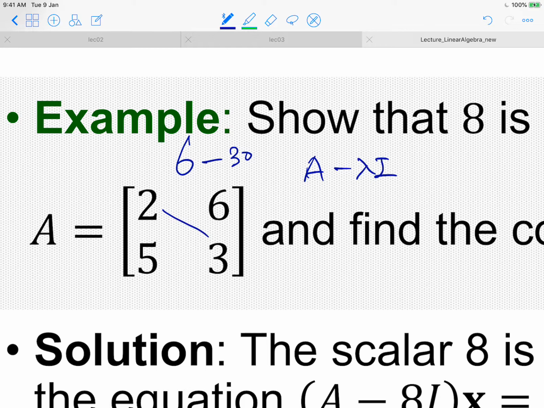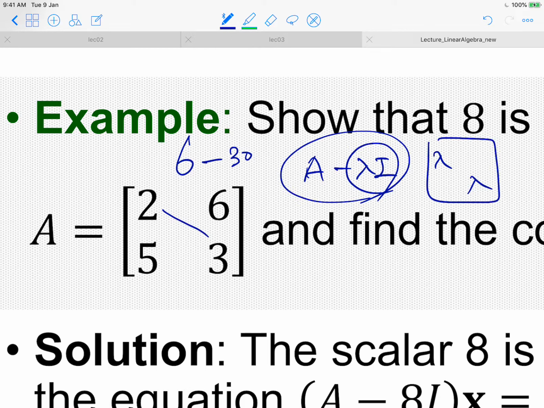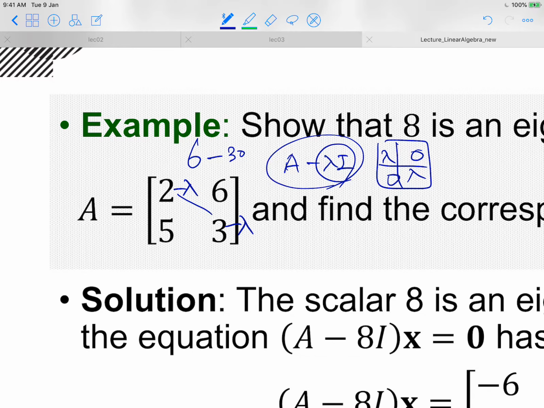So we need to find such a lambda that makes this B, or A minus lambda I, non-invertible. This has lambda along the diagonal, so it is minus lambda along the 2 diagonal elements, and then it needs to be singular.